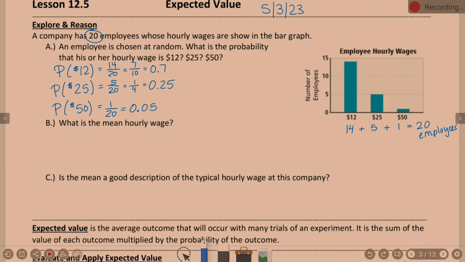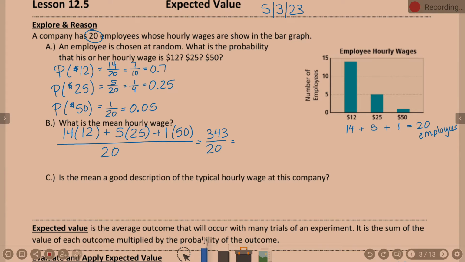The fact that there are 14 people making $12 an hour plus 5 people making $25 an hour plus just 1 person making 50, out of 20. Okay. Do the math there. And you do get 343 on top.